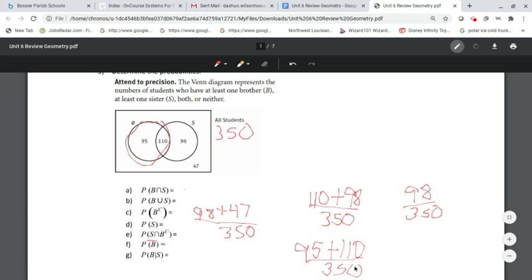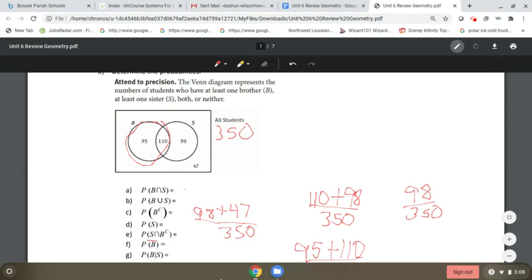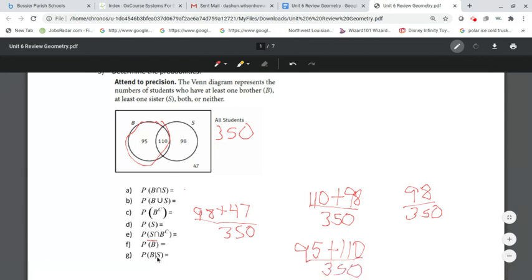And the last one, the probability of B given S. So my given is S, so that means I'm going to use S total. All right, so we're only looking at S total. So B given S will be, if I add my S together, it is going to be 208.